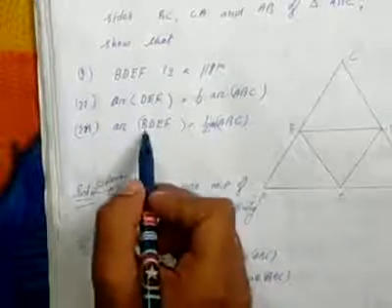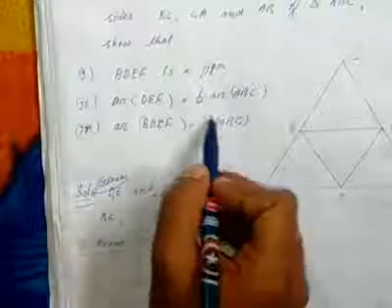Again, the last part, number 3: area of BDEF is equal to half the area of ABC. That means for number 3, you have to show that BDEF is equal to half of ABC.